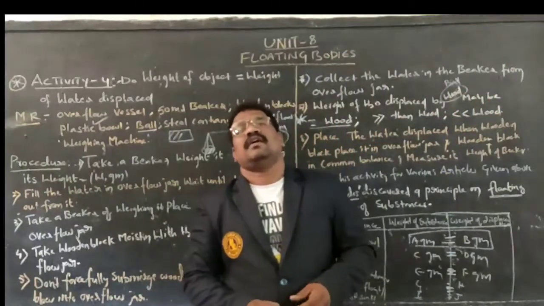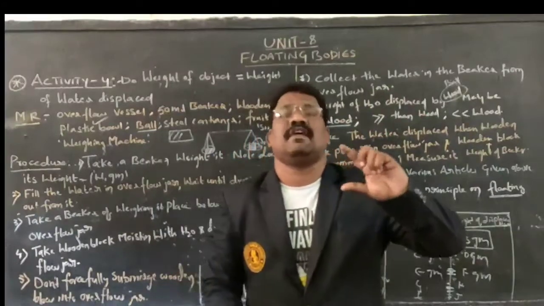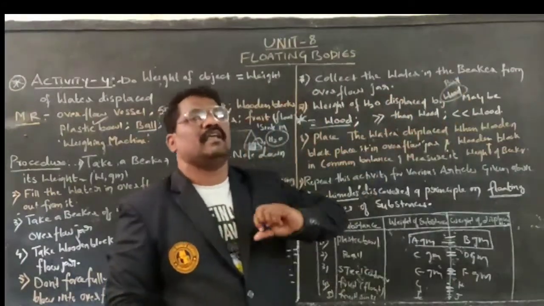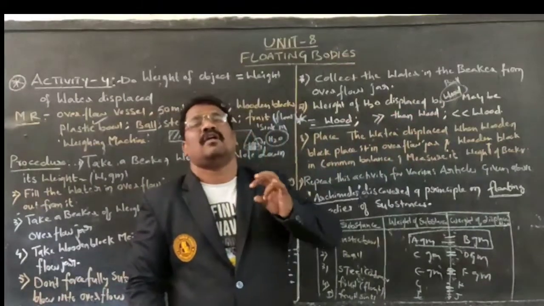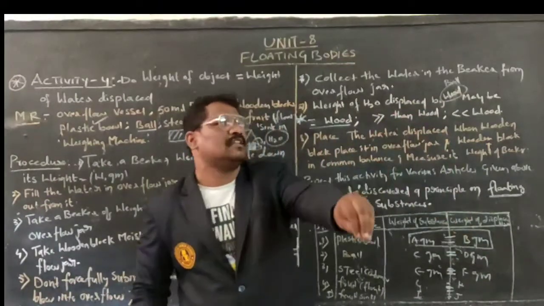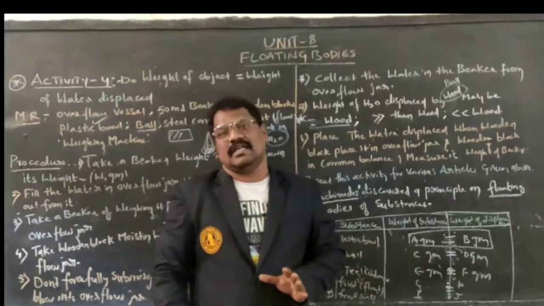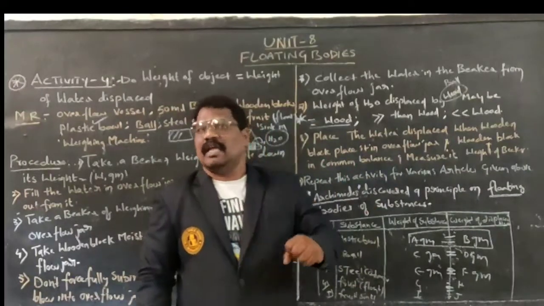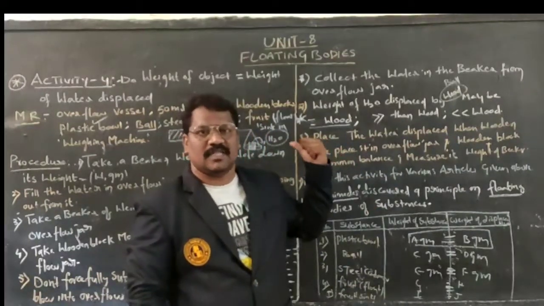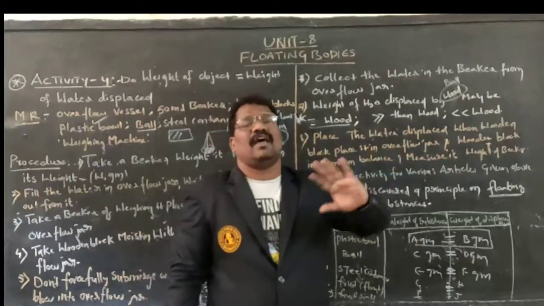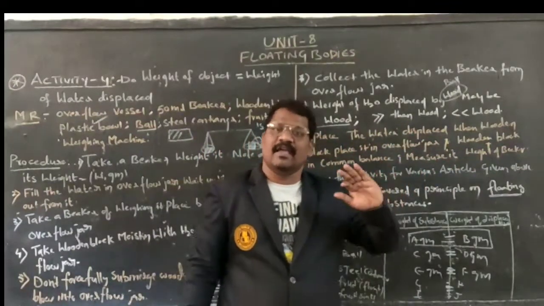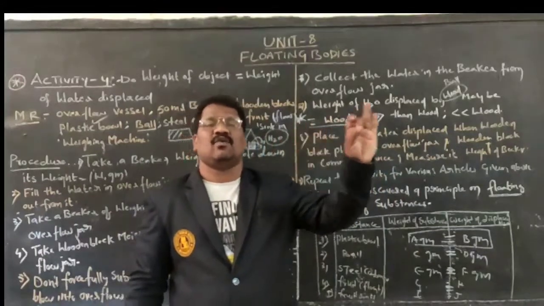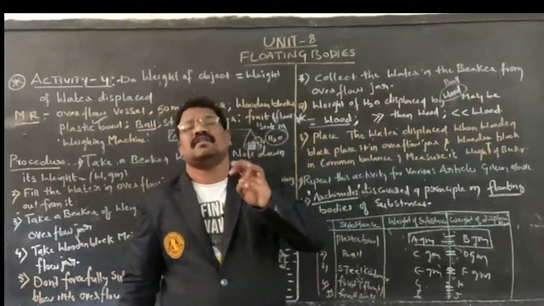Density can also be varied by heating up, by cooling, or by adding some other substance. Yesterday, in the previous class, we saw clearly how we can vary the density of a substance by heating, by cooling, or by adding some other substance.